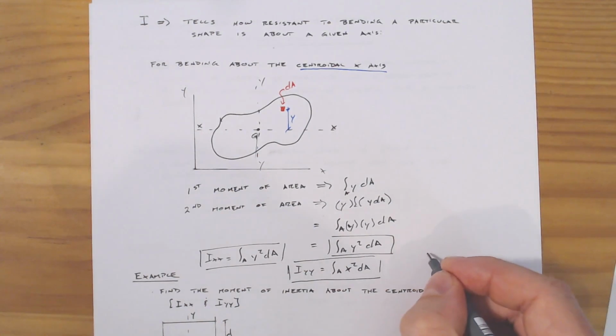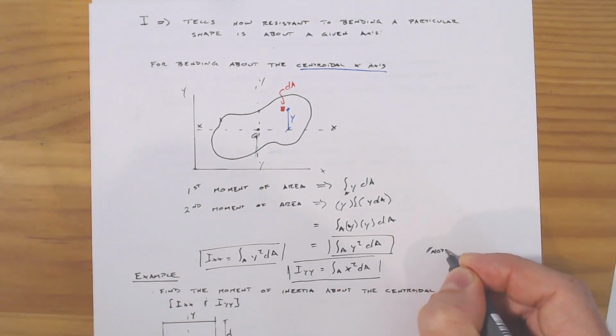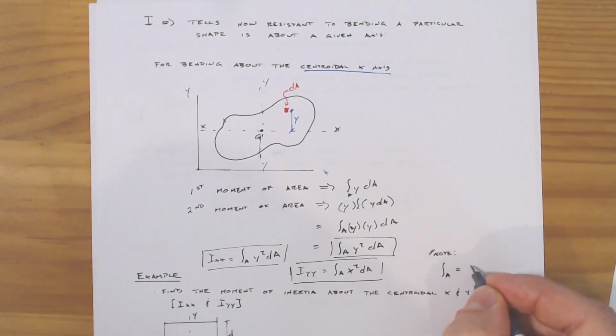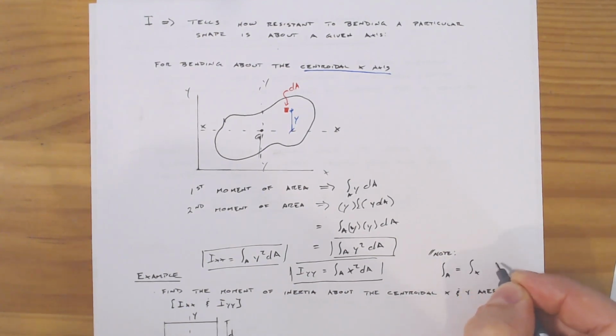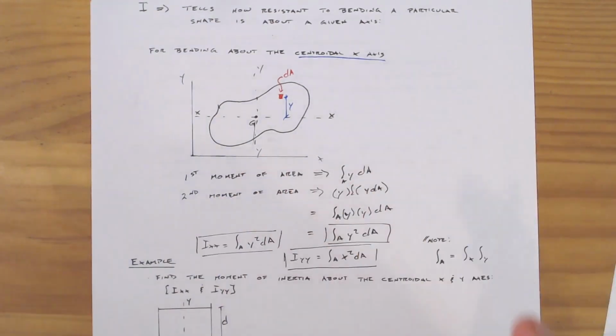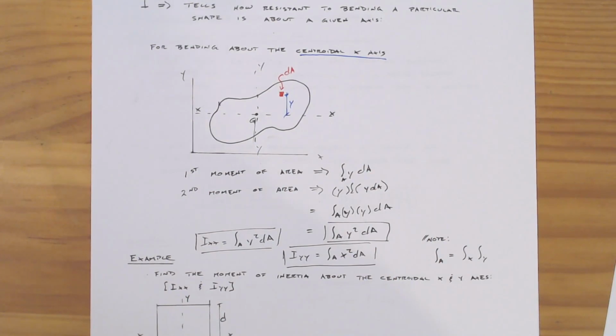And just a thing to note, the integral over the entire area is the same as the integral over x and then the integral over y. So that's our general formulation, and that's the math heavy part.